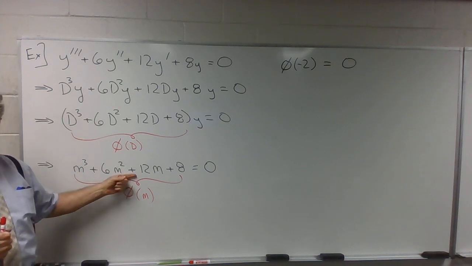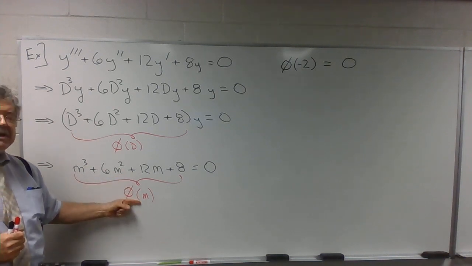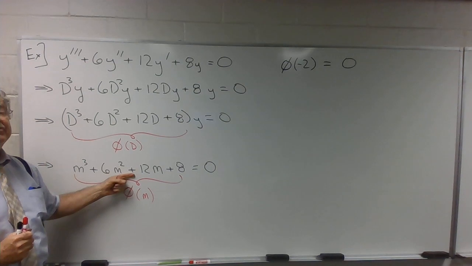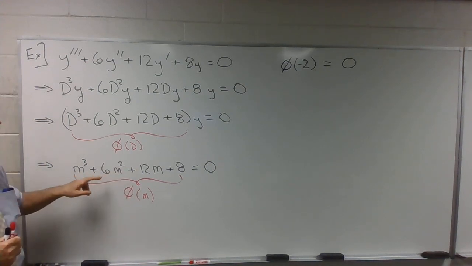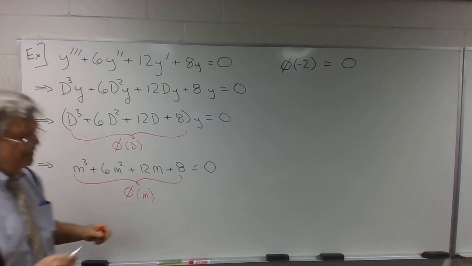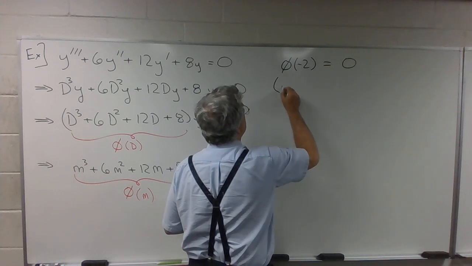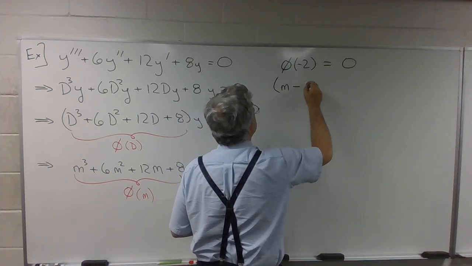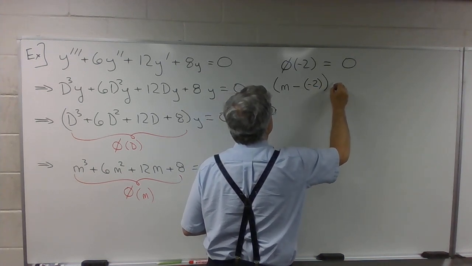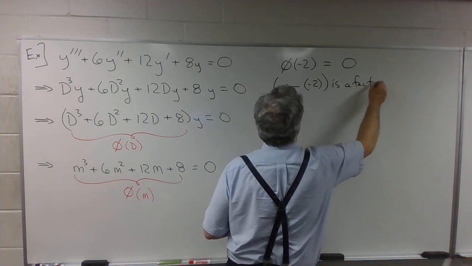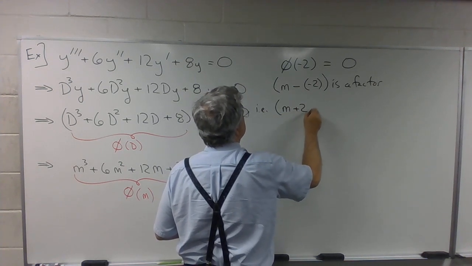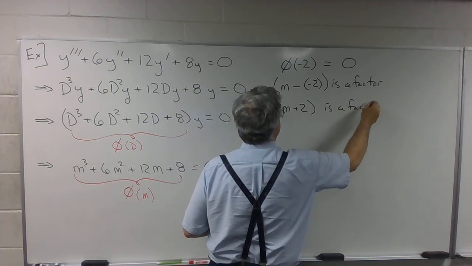If we have a polynomial like phi of m, and we can find a number to plug into this polynomial that makes the polynomial 0, then the variable minus that number is a factor of the polynomial. I'll say that again. The variable m minus this number, the number that makes the polynomial 0, is a factor. Now, when I tidy things up a bit, that means that m plus 2 is a factor.